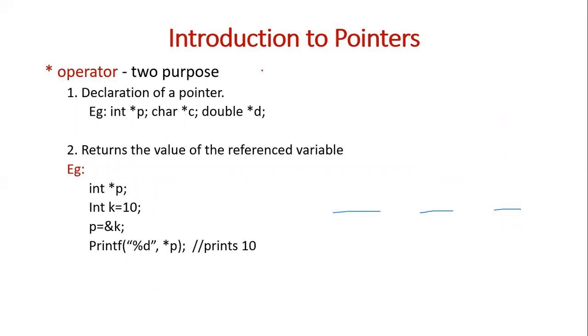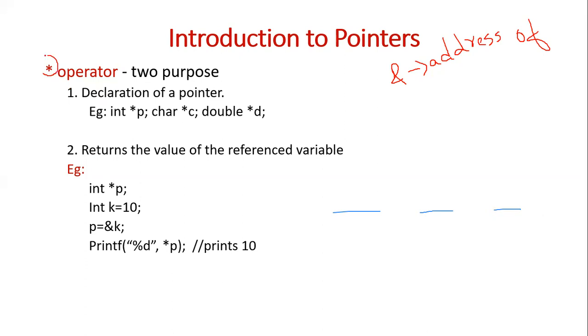The ampersand operator has only one use. Ampersand always means address of. Whereas star has two purposes. The indirection operator has two purposes. One is that it is used to declare a pointer.